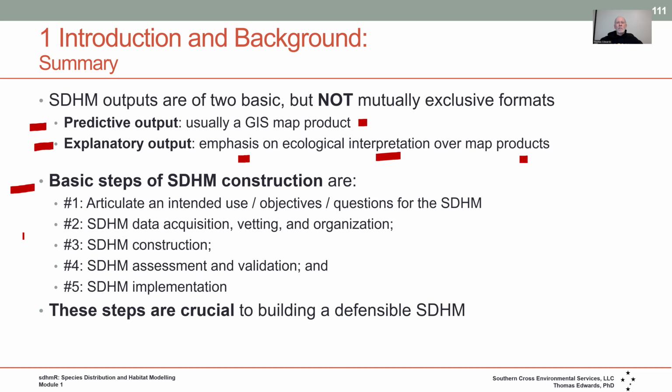Now, the basic steps of a distribution model, and there are five of these that you need to keep in mind, are the articulation of an intended use, how one acquires data, vets it, and organizes it, how the SDM is actually constructed, how it's assessed, and how it is implemented.